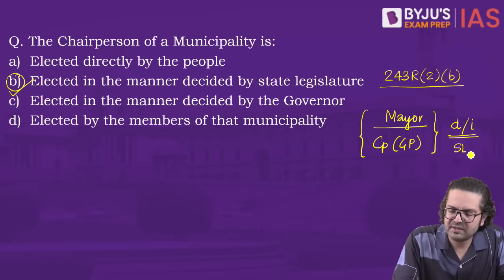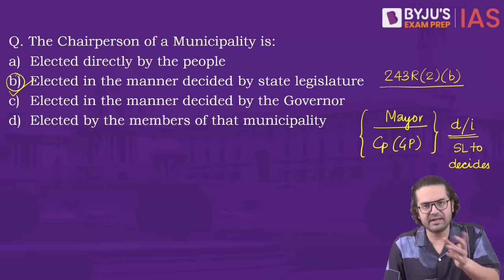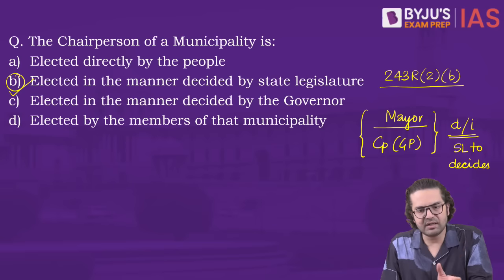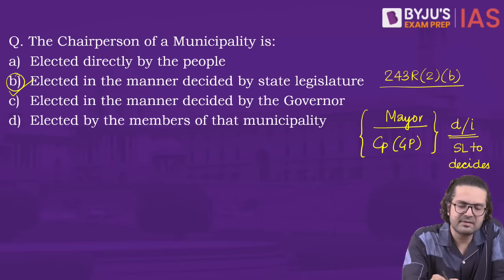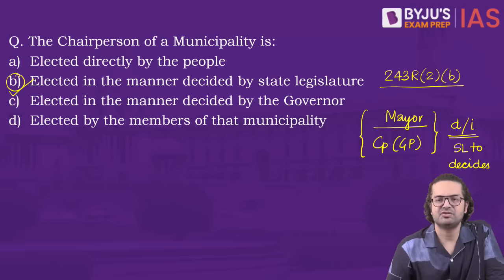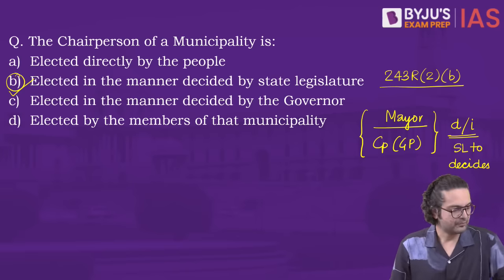How? State legislature to decide. That is why in some states the Mukhya, the Sarpanch, the Pradhan, the President is elected directly, and in other states indirectly. The same goes for mayors. So, elected in the manner decided by the state legislature. Okay, very important to note.